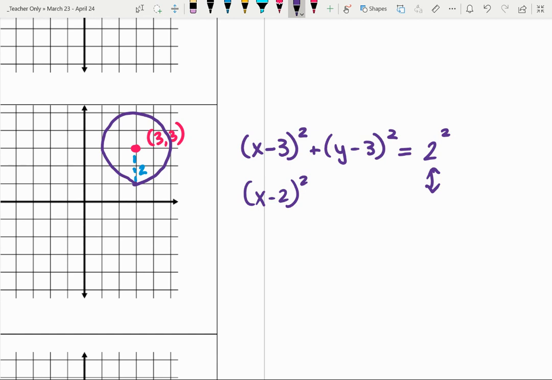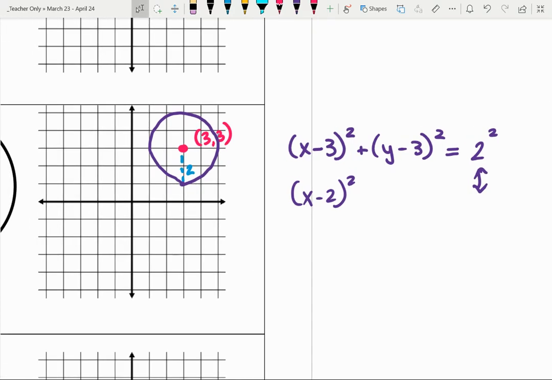I can also use domain or range restrictions to show only a part of my circle.